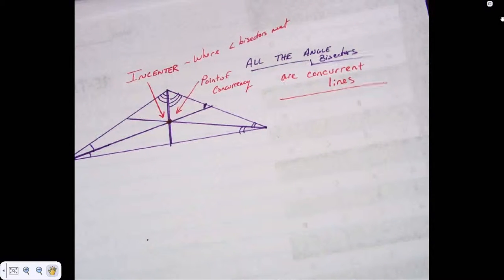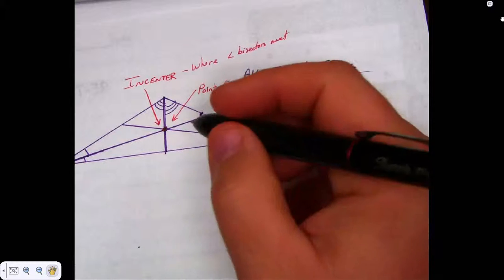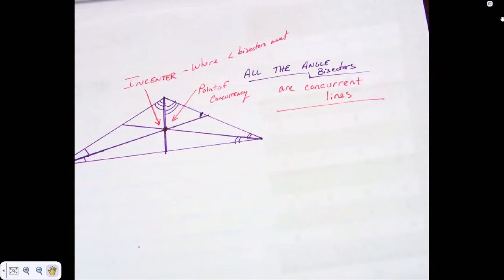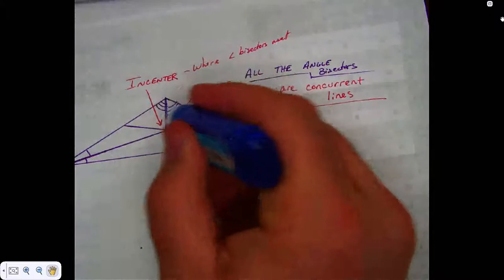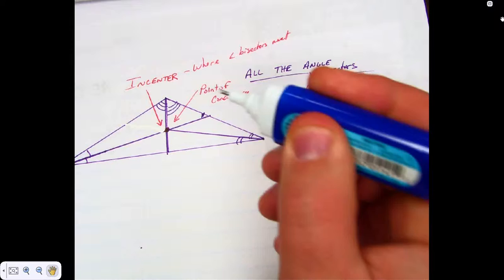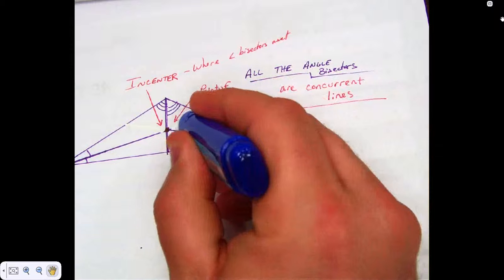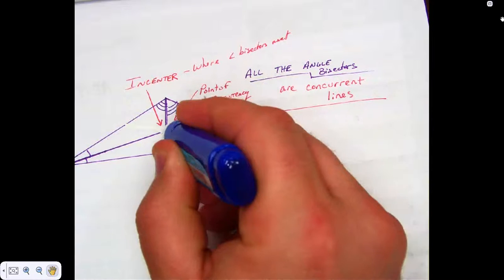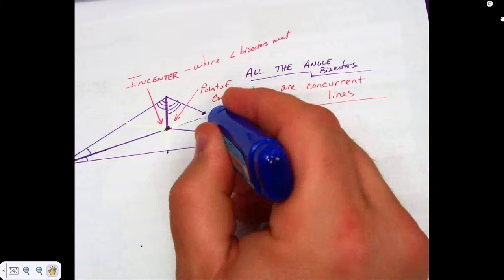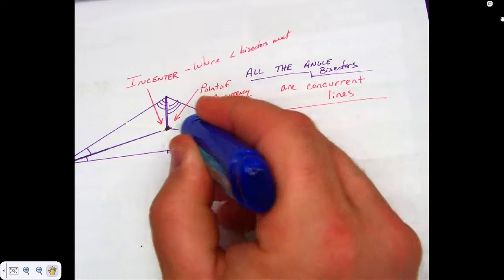In a different color, what needs to happen here is what they did in their picture: they didn't finish drawing the angle bisector. You with me? They just drew it to the point of concurrency and then didn't draw it any further.